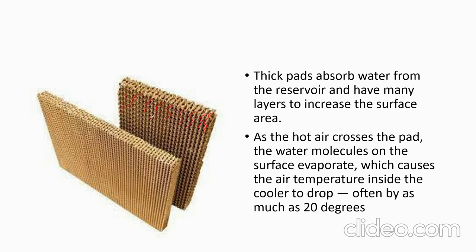These pads are filled with water, they are moist, and when dry air passes through them, the water particles present in them evaporate, and when these particles evaporate, they take the energy for evaporation from the air. They take energy from the dry air, and by doing so they reduce the temperature of the air. I hope you got the point.